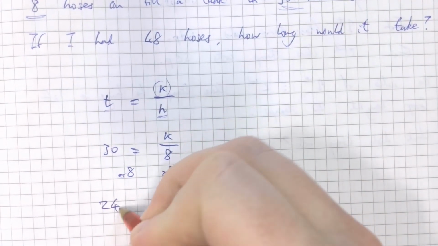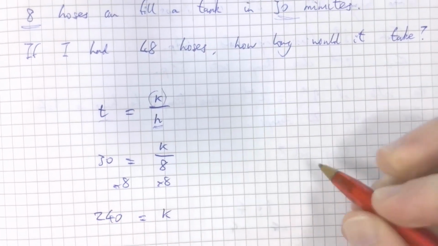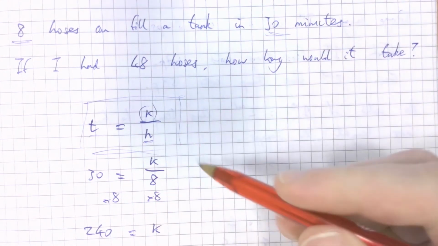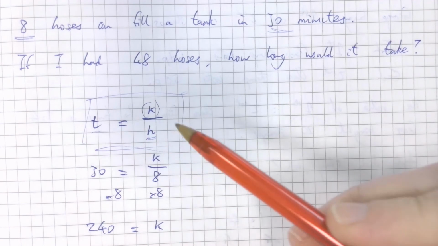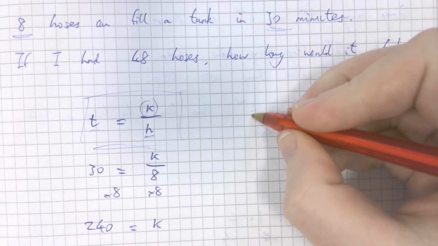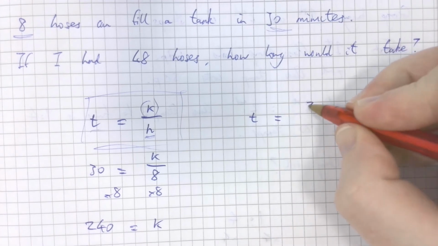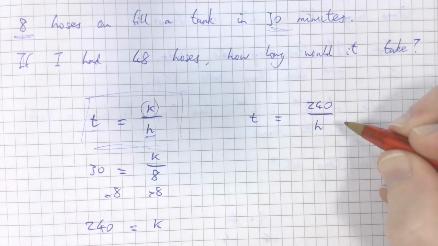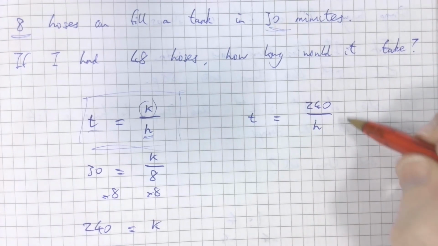We get 240 equals K, which means that the relationship between the time it takes to fill the tank and the number of hoses that I use is time equals 240 divided by the number of hoses I'm using. Okay? And that will tell me how many minutes.